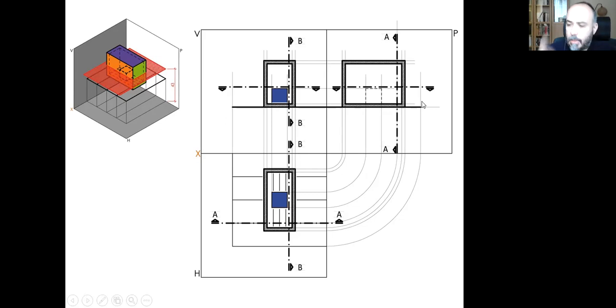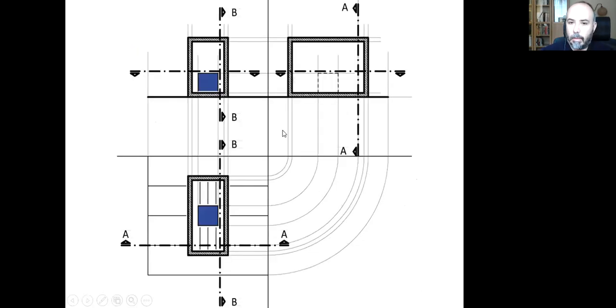And since there is just one plan, I don't need to give it a name. If there were two plans, I could use plan 1, plan 2, numbers this time, just to indicate that they are plans, and that will be all.